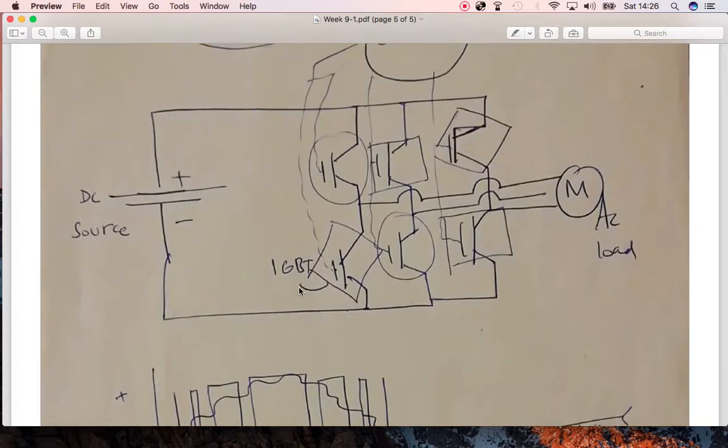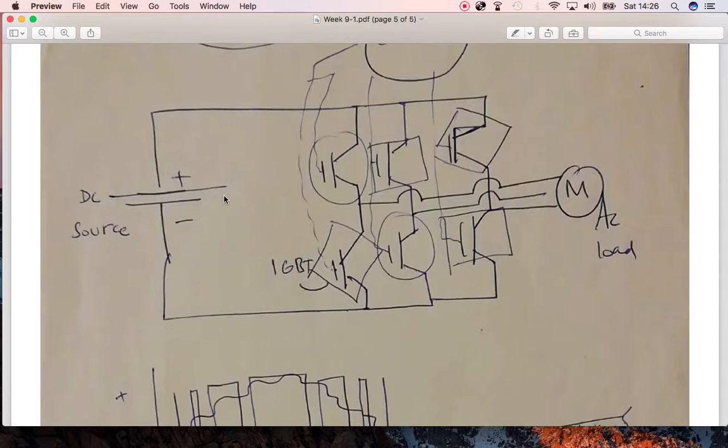Over here we can see what happens for a three-phase motor, because it is a three-phase motor and we have a more complicated circuit for a three-phase load. We can see the direction of current: we will have two IGBTs on at a time. With these two on, the current will flow from here to here towards the motor and then drain from here to here.